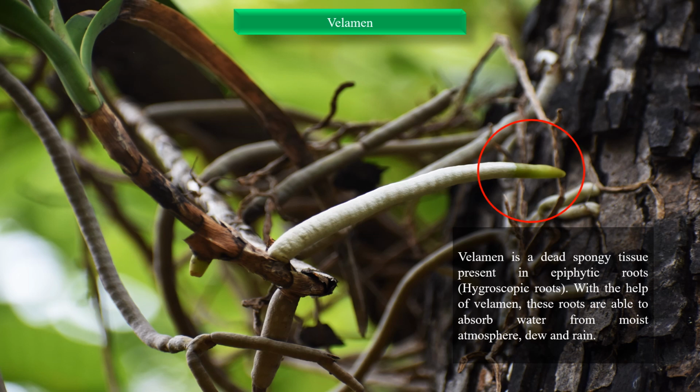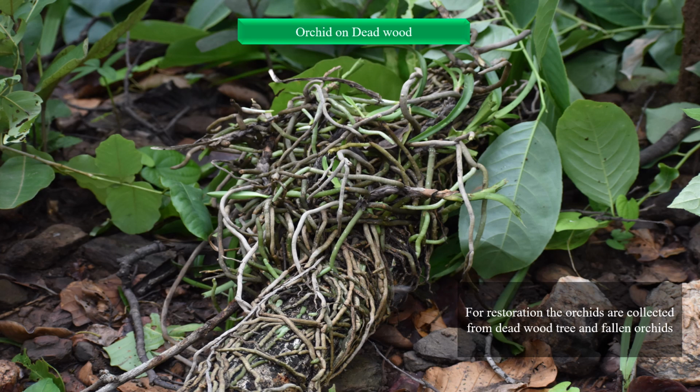The velamen is a specialized, spongy, multi-layered structure. So it helps them to survive in the climate. Here you can see orchids on dead wood on the ground. For the restoration process, we mainly use orchids from the ground, that is, from deadwood trees or fallen orchids.